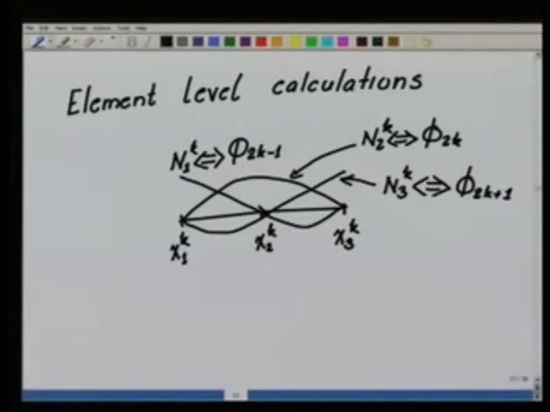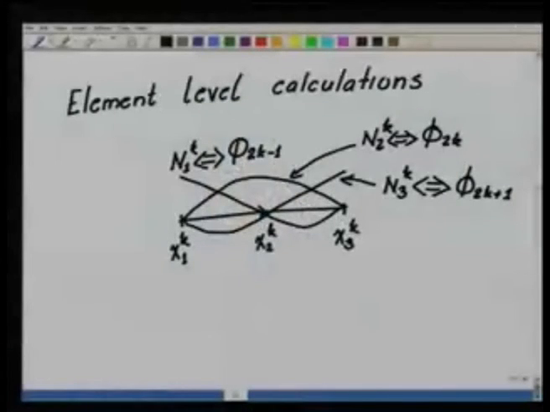Okay? And just like we had done for the linear problem, for the p equal to 1 approximation, here what do we note? That the phi's which are non-zero in the element are these three phi's, phi 2k minus 1, phi 2k, and phi 2k plus 1, for k equal to 1, 2, 3, 4, that is, up to the number of elements. So, what the element is going to contribute to is the 2k minus 1th equation, 2kth equation, and 2k plus 1th equation.